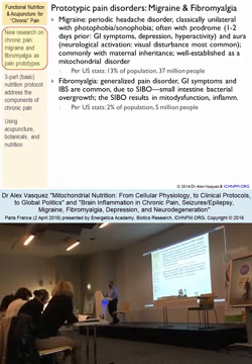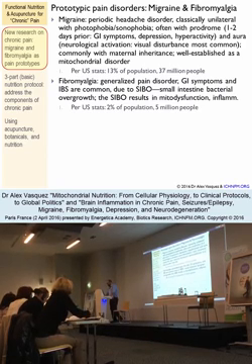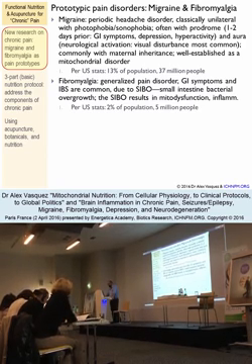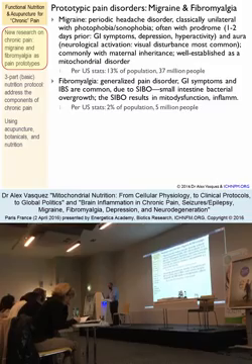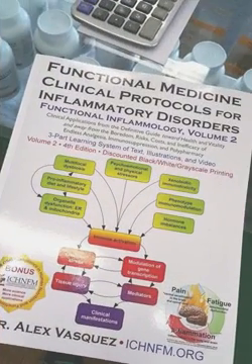So let's just look at some numbers related to migraine and fibromyalgia. Migraine affects approximately 13% of the international population. Fibromyalgia affects about 2% of the population. That's actually a lot of people, you know. So if you understand how to treat these conditions, I assume that most of you are in clinical practice, either as doctors or nutritionists. So this is a lot of people.